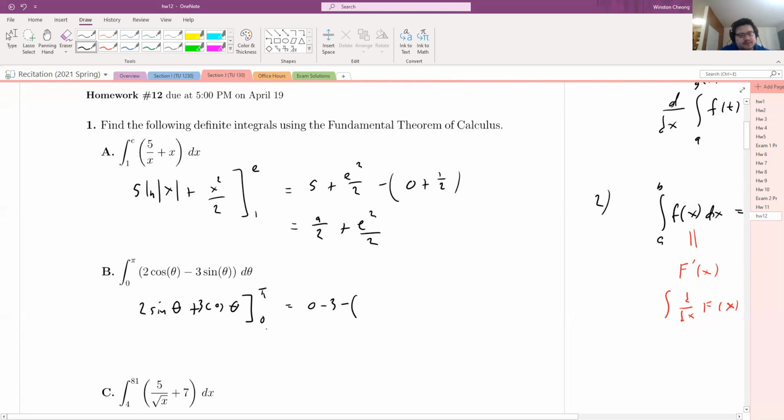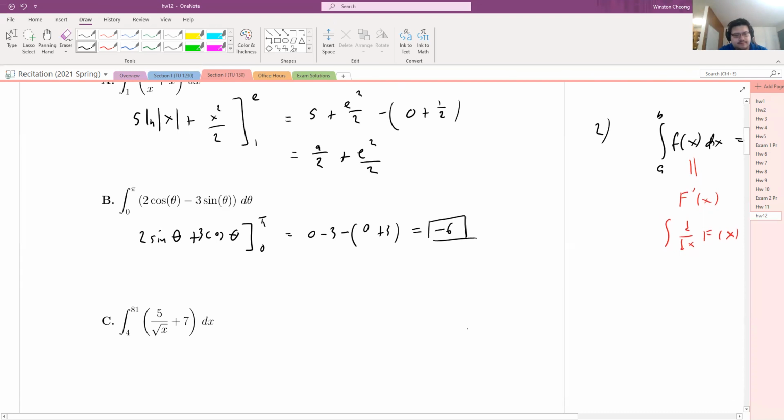So now when we plug in 0, sine is going to be 0, and cosine is going to be +1, so this is going to be a +3. And so in total, this ends up being a -6. Okay. For C, it would be nicer to think of that term in terms of x to some power.